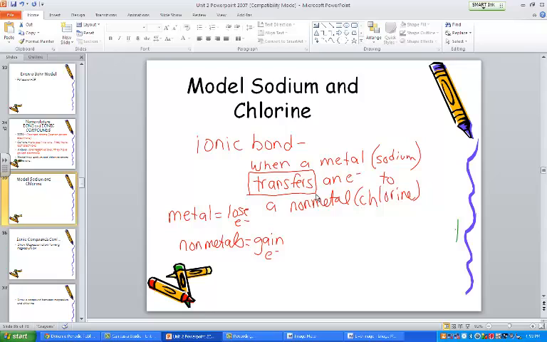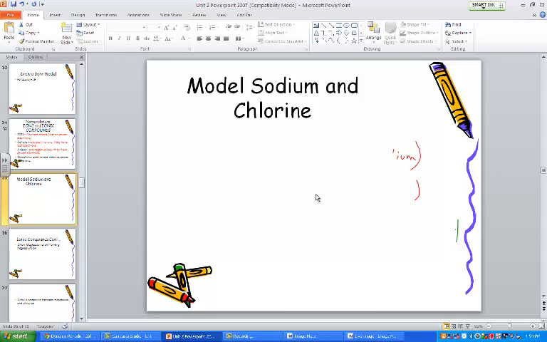The type of bond that we just formed, and this is what we're putting in our notes, all of this that we wrote together, known as an ionic bond, we're defining to be an electron transfer from one element to the other. The metal will lose and a nonmetal will gain. Ionic bonds, the transfer of an electron to create an electrically neutral compound.